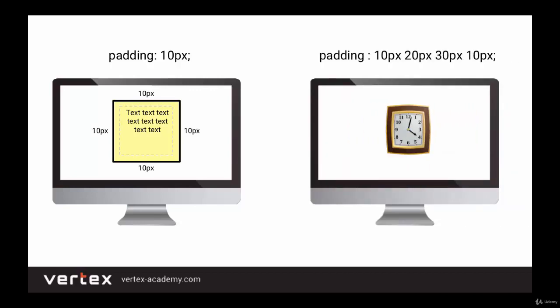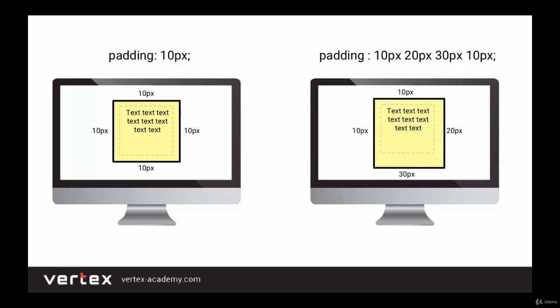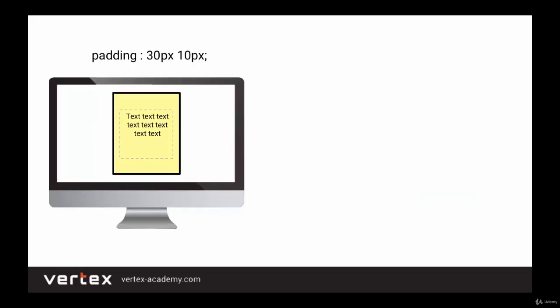For example, if we write padding 10 pixels, 20 pixels, 30 pixels, 10 pixels, then starting from the top going clockwise, the padding will be 10 pixels, 20 pixels, 30 pixels, and 10 pixels. If we provide two values, for example, padding 30 pixels, 10 pixels, then the top and bottom paddings will be equal to 30 pixels, and then the left and right paddings will both be 10 pixels.